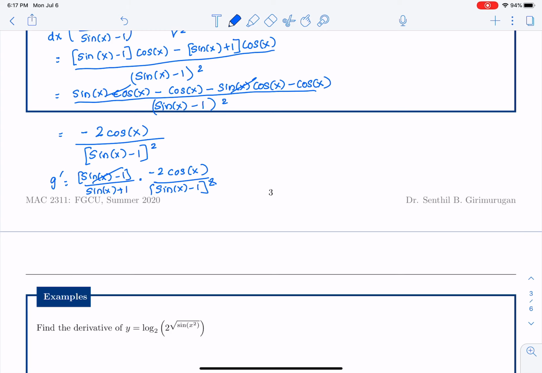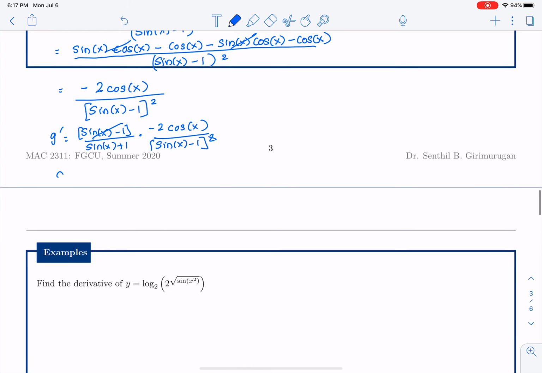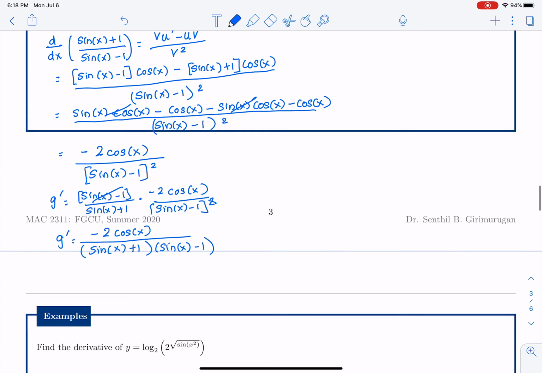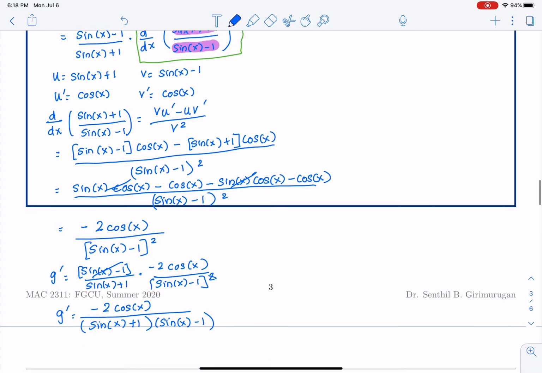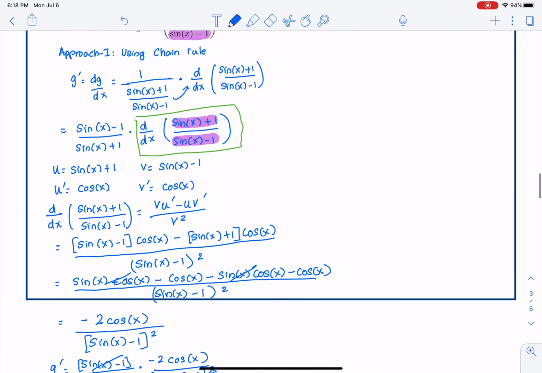That term and that term would get cancelled, and g prime would be negative 2 cosine x divided by sine x plus 1 times sine x minus 1. And that is the final answer. We did all that work and we got to g prime.